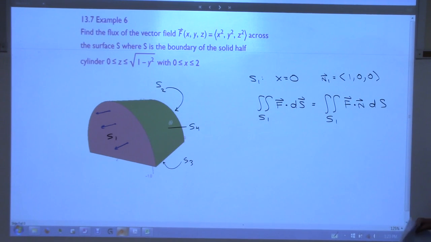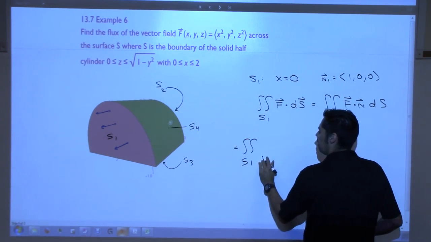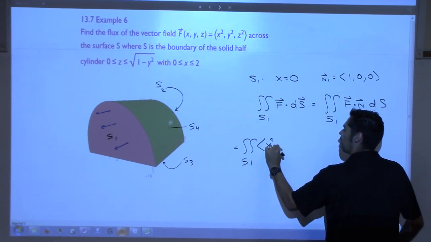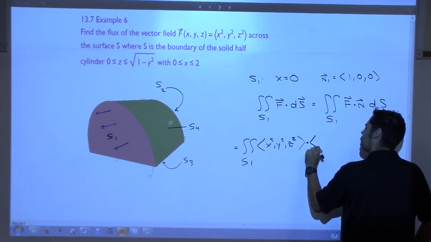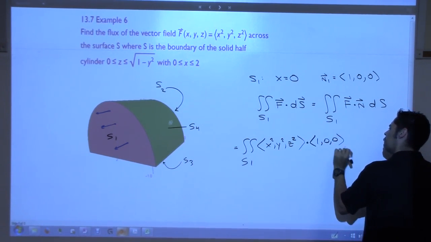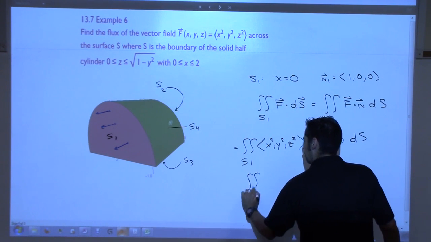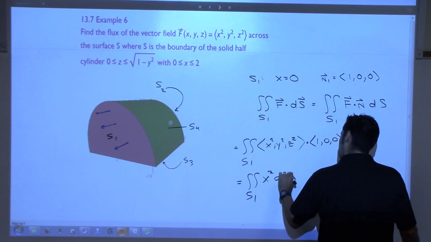This one I'll write out. This is double integral over S1 of, what's my vector field here? X squared, y squared, z squared. Dot that with 1, 0, 0 dS. And what does that become when you dot it? X squared. So still have this surface integral, x squared dS.